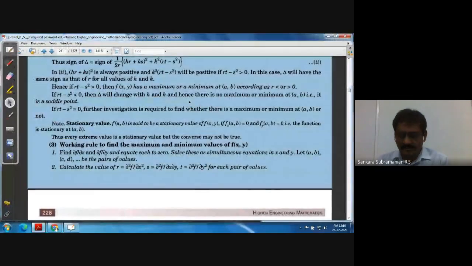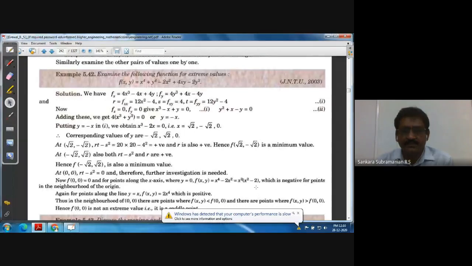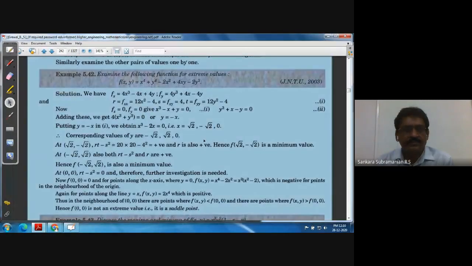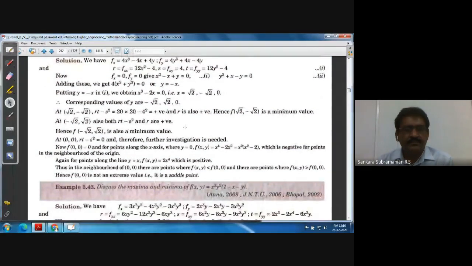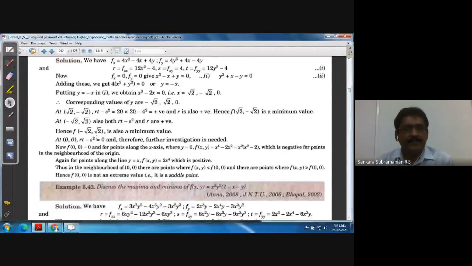Okay. So putting that in, you will be getting plus root 2, minus root 2, right?